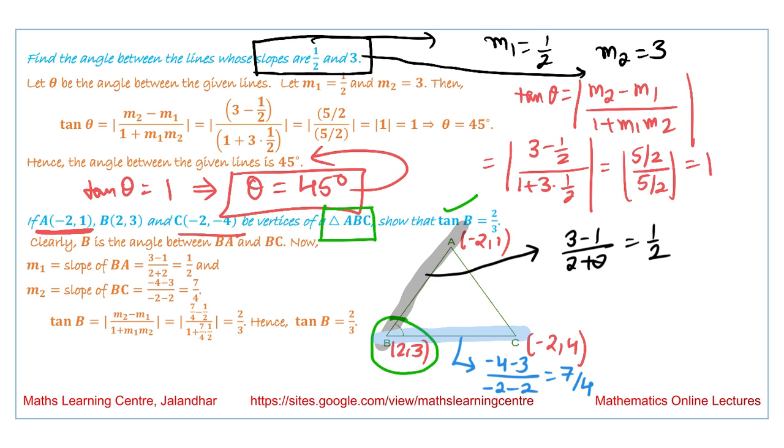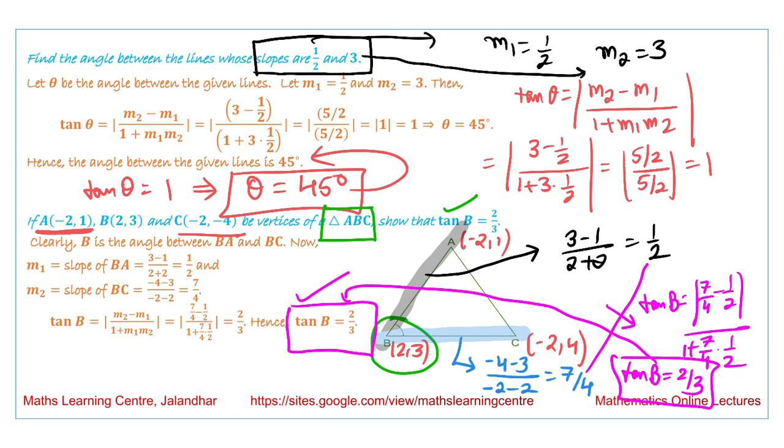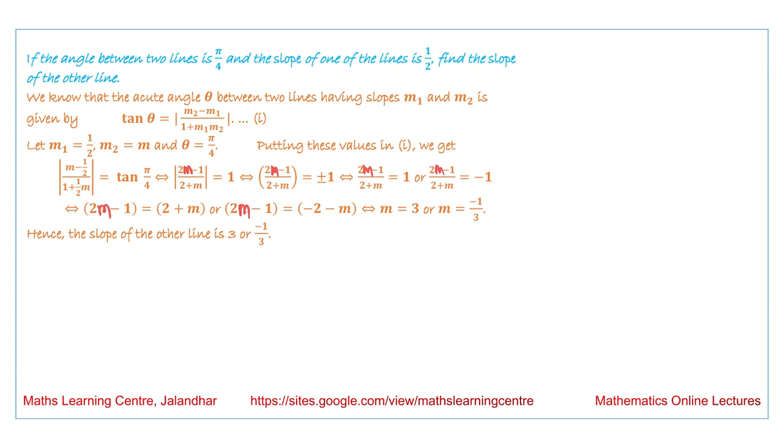Now the angle between these two lines is given by tan B equal to (7 by 4 minus 1 by 2) divided by (1 plus 7 by 4 into 1 by 2). So we obtain that the value of tan B is equal to 2 by 3.